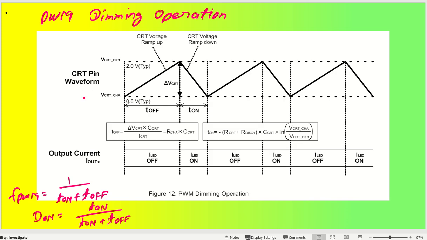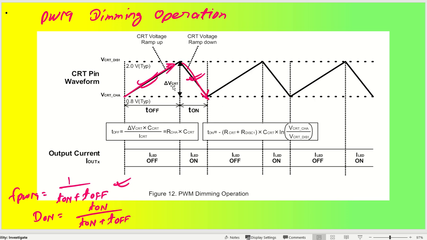So this was my frequency of FPWM, which is going to be 1 by T, that is the total time. And what happens at the rising time of this triangular pulse? The CRT waveform is going to be charging, and at the time when it is going down, you will be getting your output.